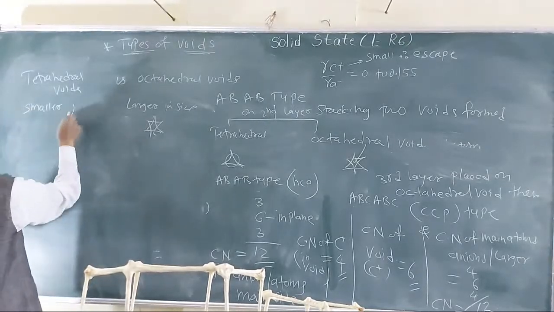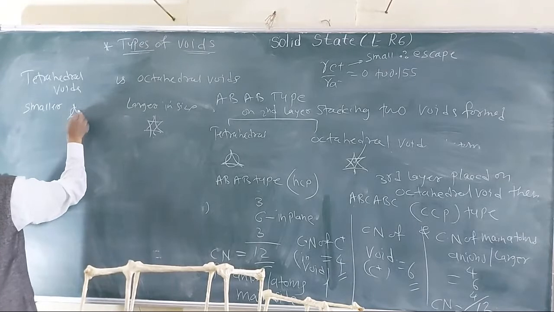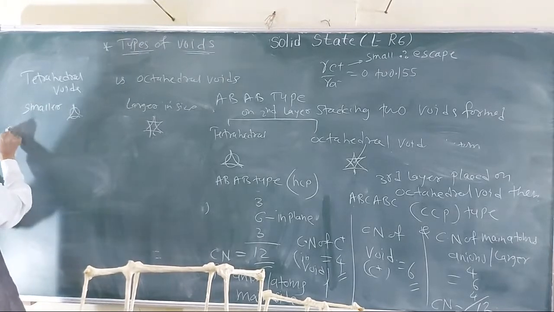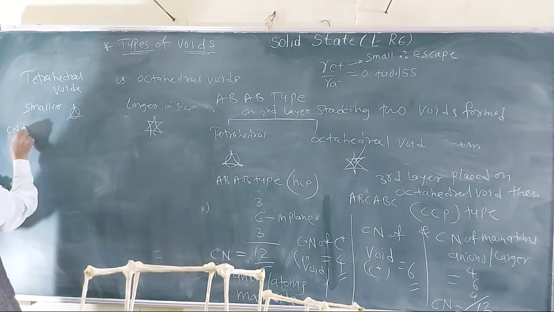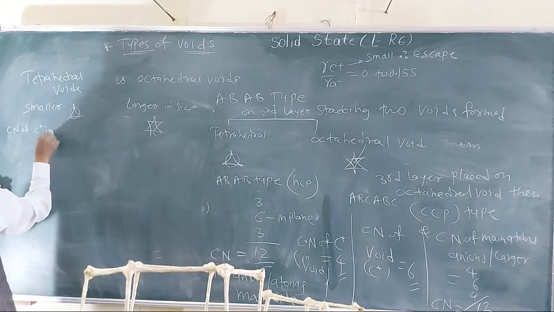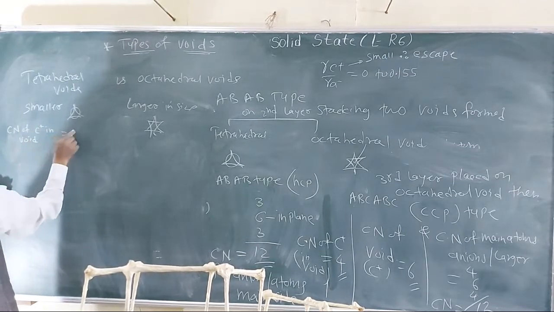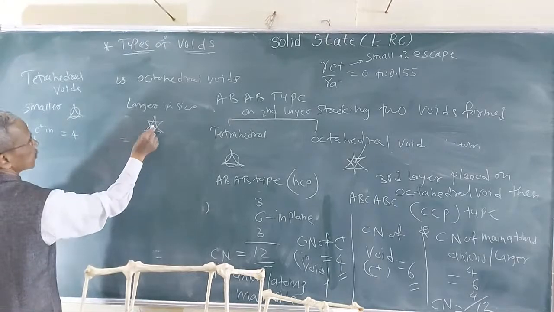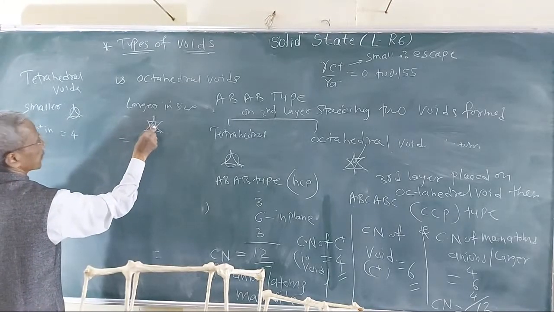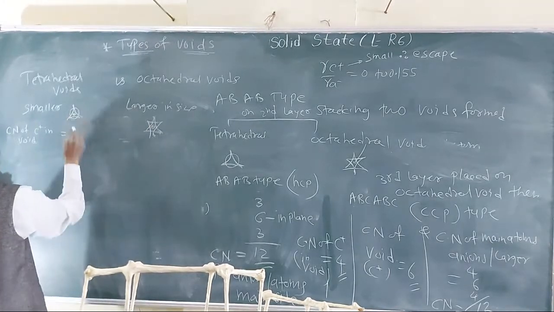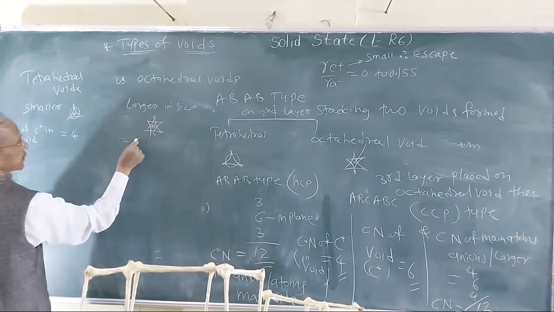Or this is in one plane and there is one square along this. So here coordination number of cation inside the tetrahedral void is equal to 4, and here it will be 6.